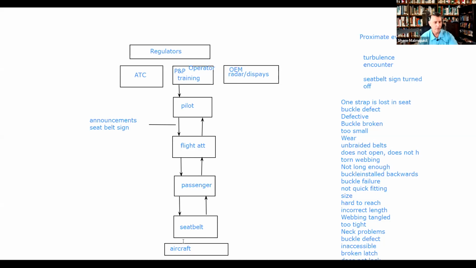So we have the aircraft at the bottom. Of course, the seatbelt is not feeding down to the aircraft exactly, right? So I'm not sure that that would work exactly. Oh, sorry, I meant we can put the aircraft side by side with the seatbelt. Oh, okay. And, well, I would do that if I could move.